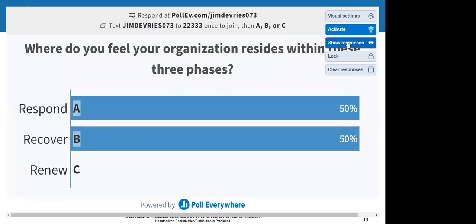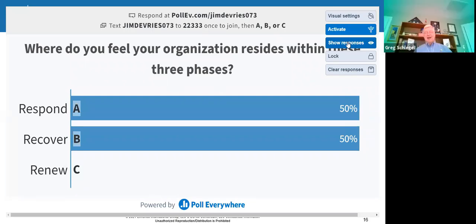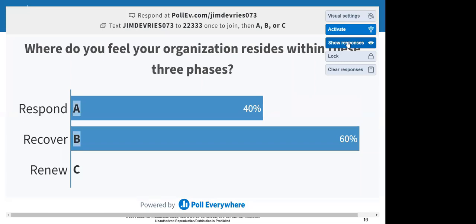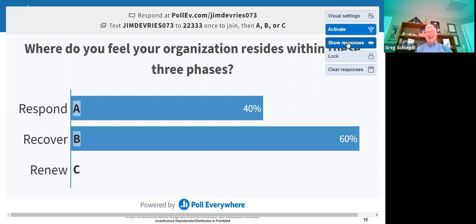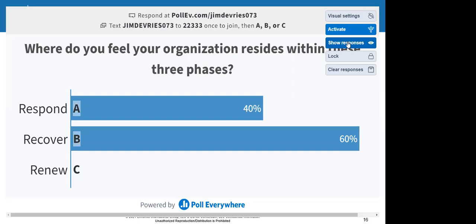So 50-50. 50-50 in respond, a little bit more in recover. That's interesting. It's encouraging. Yeah, I think the government lockdowns, the surges in COVID-19, we're getting more of those surges.